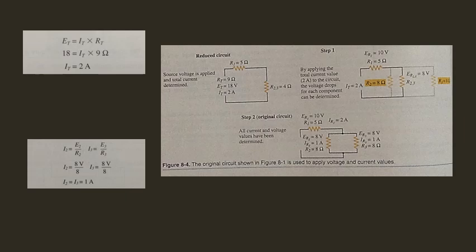Or current 3 equals voltage 3 divided by resistance 3, which is equal to 8 volts divided by 8 ohms, which is also 1 amp. R2 and R3 both have current values of 1 ampere.